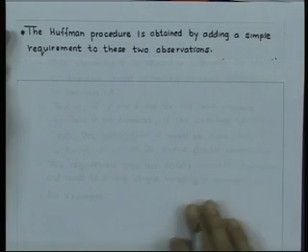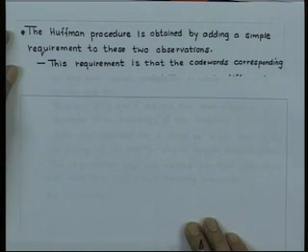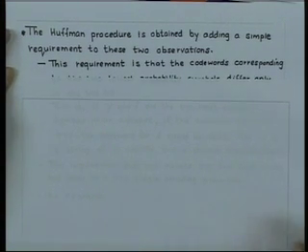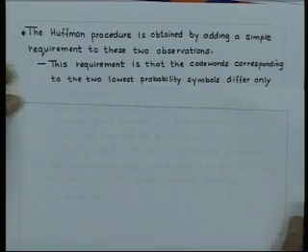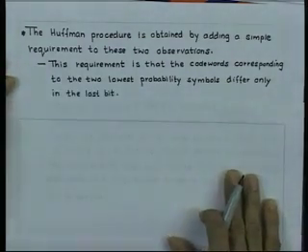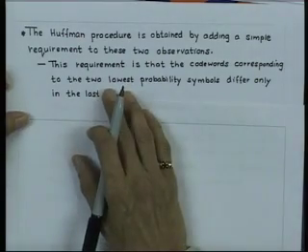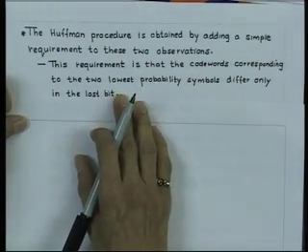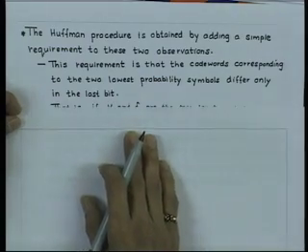This requirement is that the code words corresponding to the two least probable symbols differ only in the last bit. So, this is the requirement which we add.